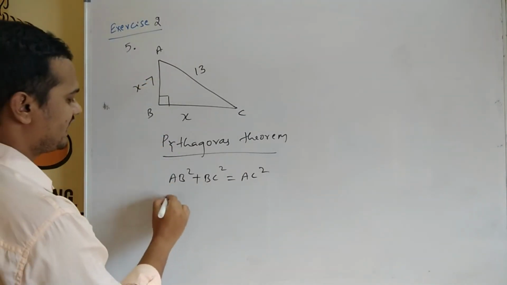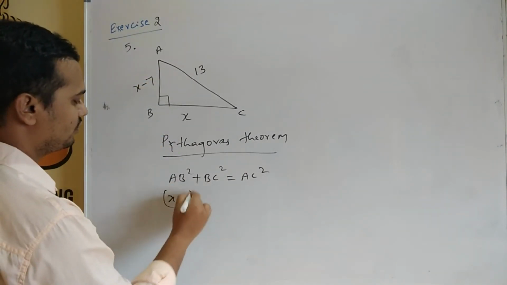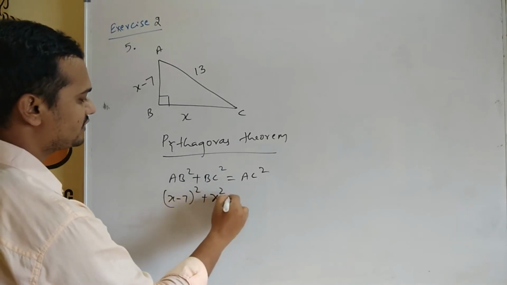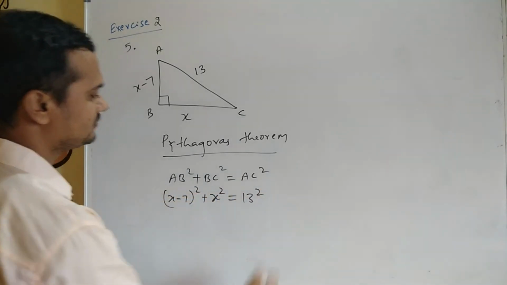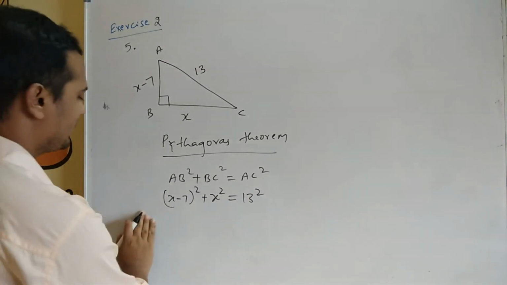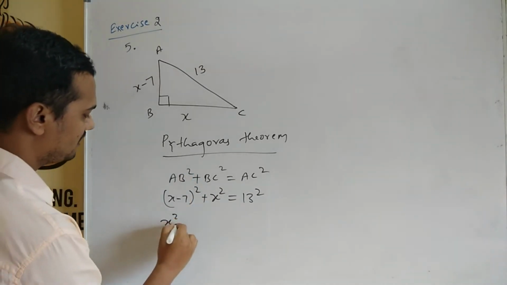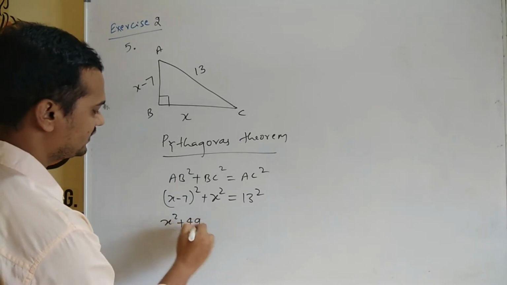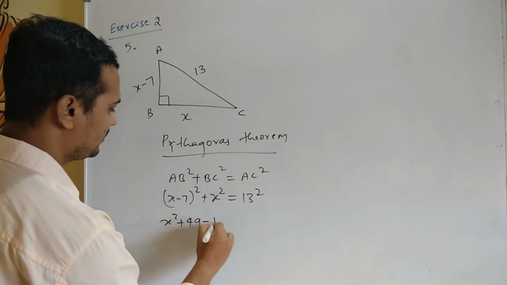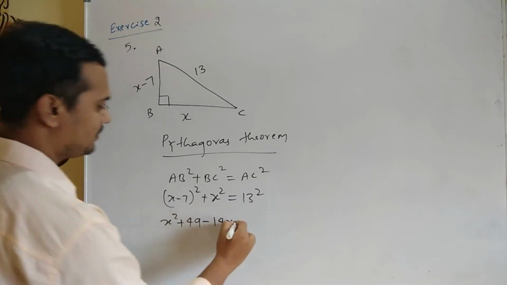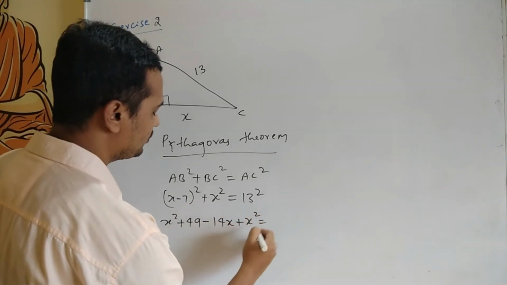AB square, that is (x minus 7) whole square, plus BC square, x square, is equal to 13 square, right? So what is (x minus 7) whole square? (a minus b) whole square, right? x square plus 49, that is 7 square, minus 14x plus x square is equal to 13 square.